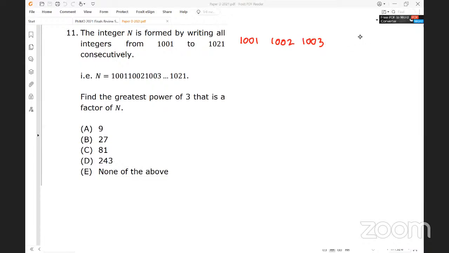So here, the sum of the digits is 1, 2, 3, 5, 6, 9.